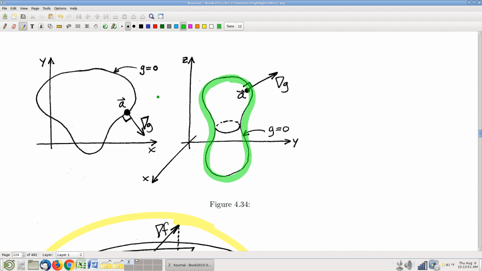This surface is defined by an equation. That equation, very importantly, involves a certain function. Notice I've got this written here as function equals 0. So very importantly, we are looking at a level set of this function, right? Our surface being described as a level set of some function.